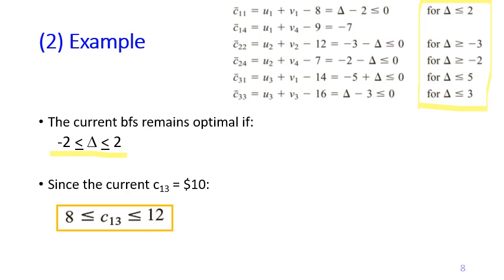Since the current C13 equals $10, if you go down $2, the cost becomes 8. If you go up $2, the cost becomes 12. So this says that as long as the cost of C13 is between 8 and 12, the current basis remains optimal.